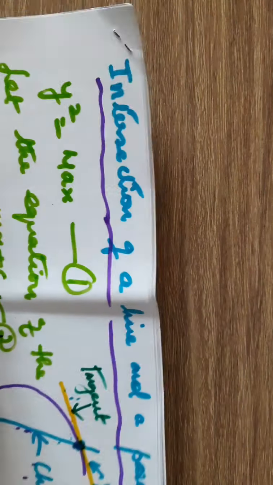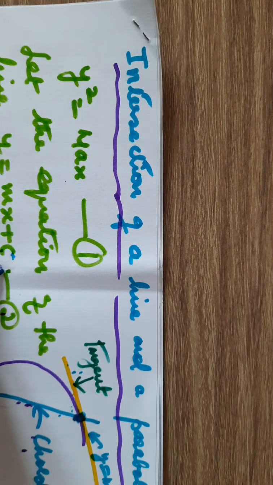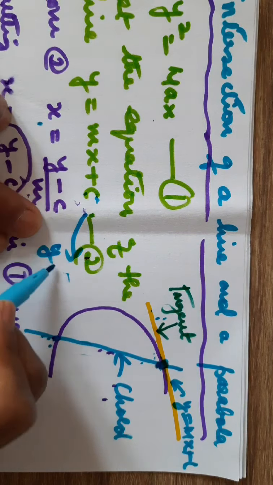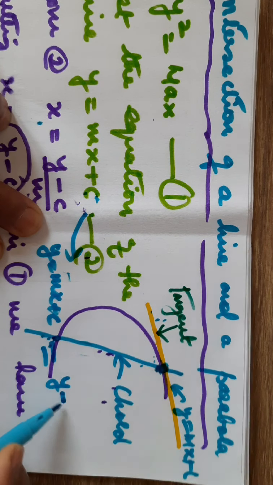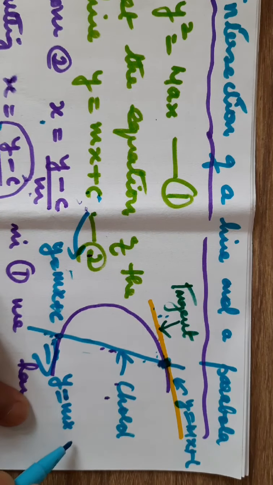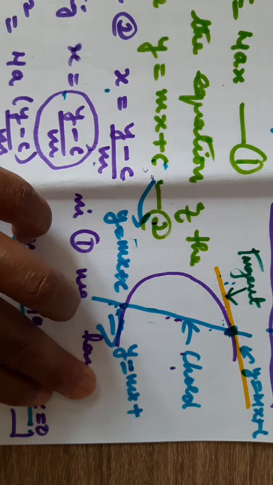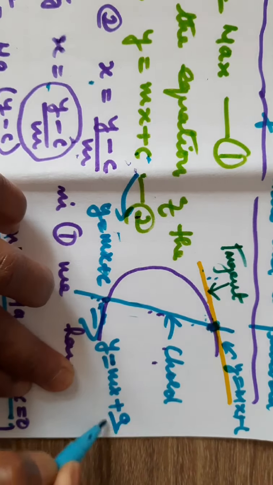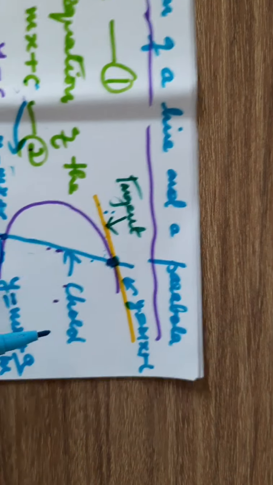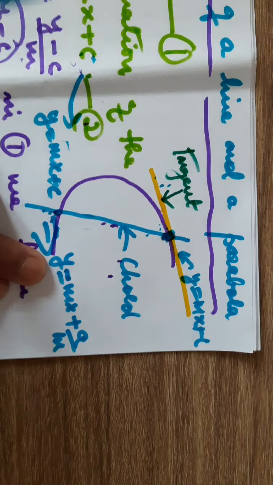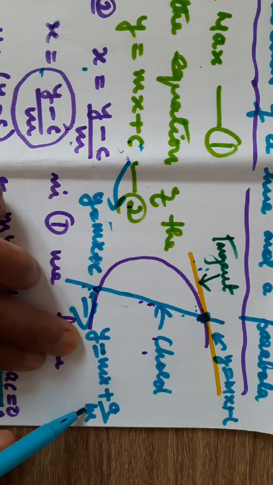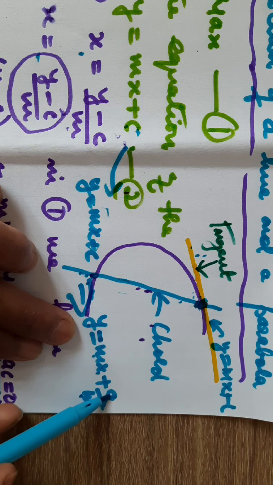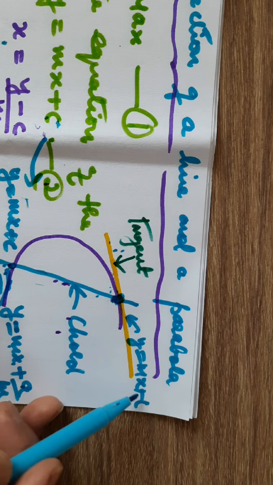So in that case, what will be the equation of the tangent? Now this equation y is equal to mx plus c will become y is equal to mx plus, what is c here? We have got it as a by m. So the equation y is equal to mx plus c will be a tangent if c is equal to a by m, that is y is equal to mx plus a by m will be the equation of this one.